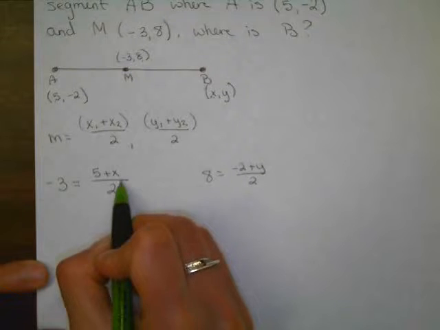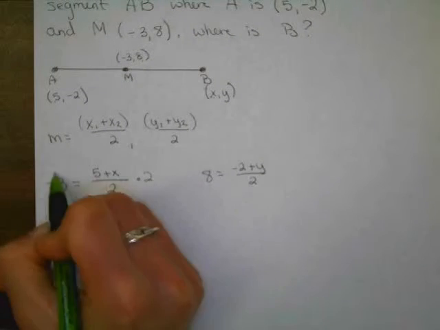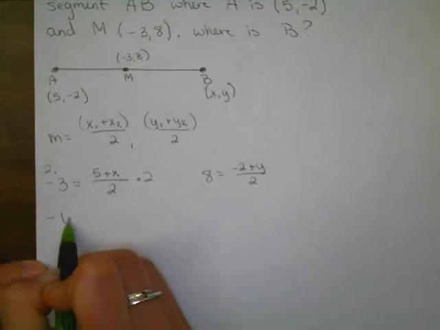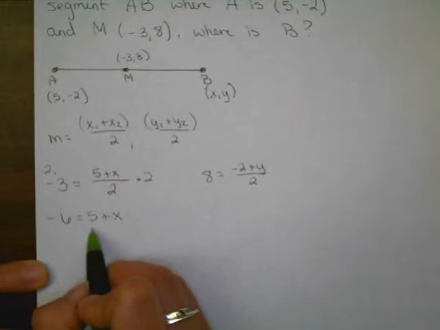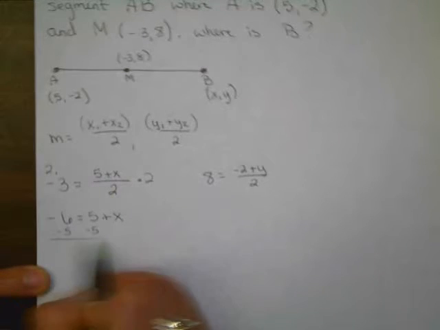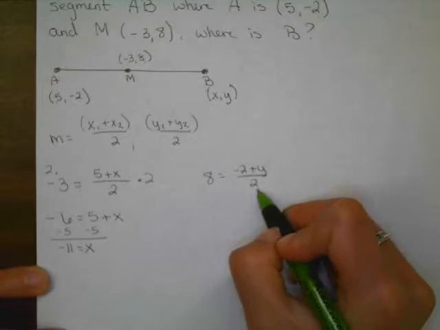So we have 5 plus x divided by 2. Well, the inverse of division is multiplication, so I'm going to multiply both sides by 2. So I have -6 equals 5 plus x. Now I solve for x, so I'm going to subtract 5 on both sides. So -11 is x. Same thing over here.